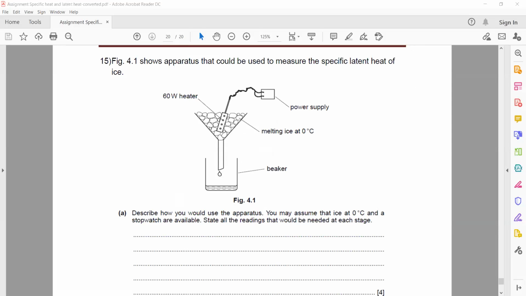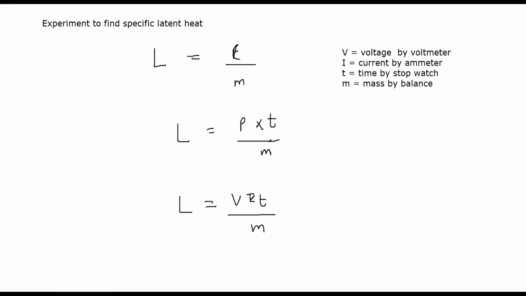And the formula we use practically to calculate the latent heat of fusion is voltage into current into time divided by mass. And these are the quantities we require to calculate the latent heat of fusion.